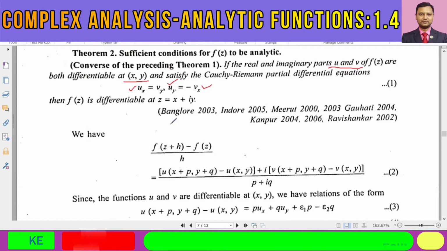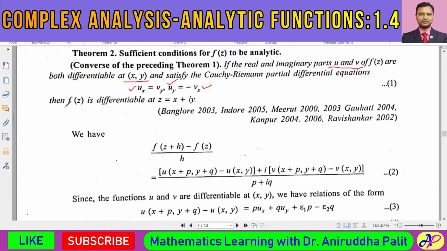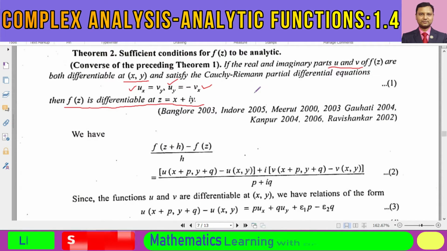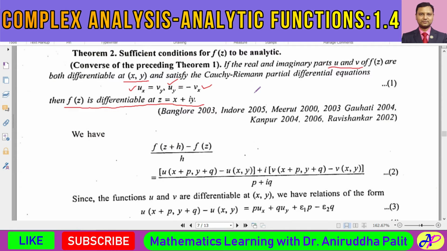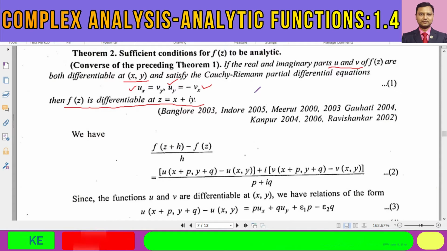Then we are going to prove that this function f of z is a differentiable function at the point z is equal to x plus iy. So this is just the opposite category of result.